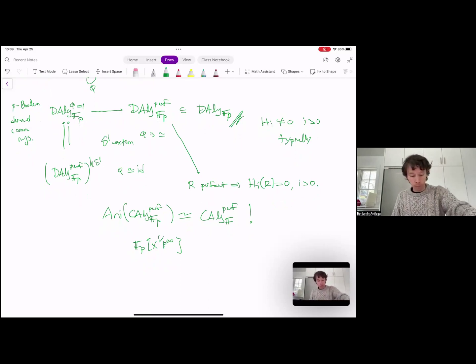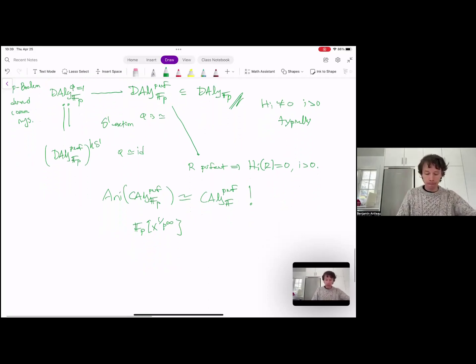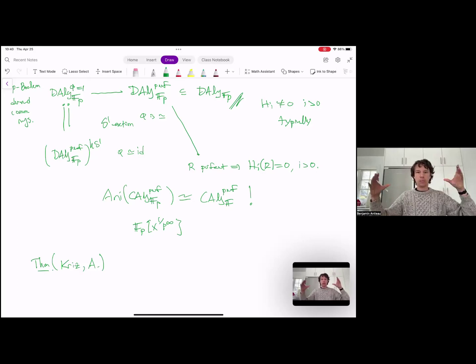Okay, so what's the theorem about these? This is due in some form to Igor Kriz, and then in the form I'm giving here to myself. It's some kind of pushout of Mandell's theorem and Stone duality that captures both at the same time.